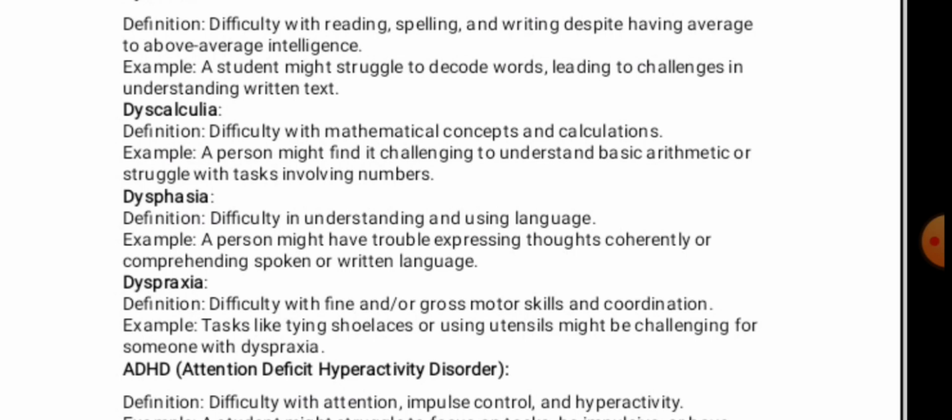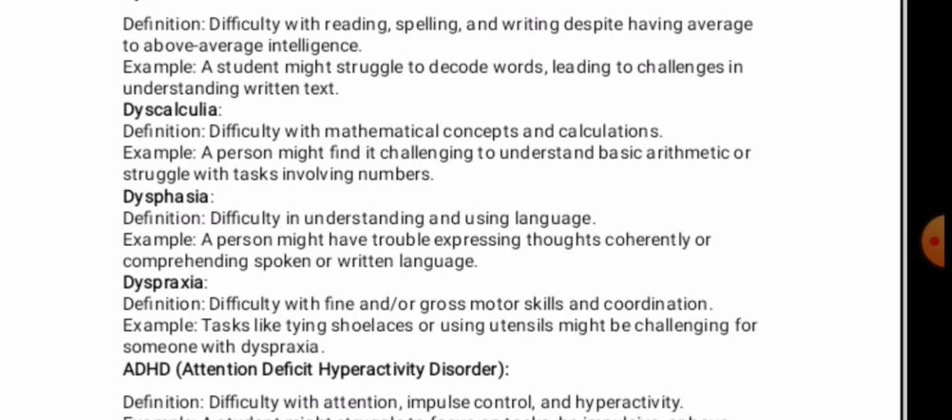A person might find it challenging to understand basic arithmetic or struggle with tasks involving numbers. Those children who have dyscalculia might have problems in calculation, and may not be able to understand the basics of mathematics or arithmetic.